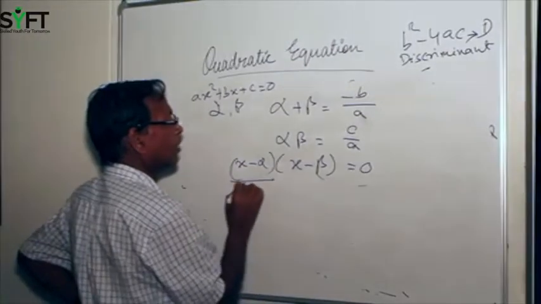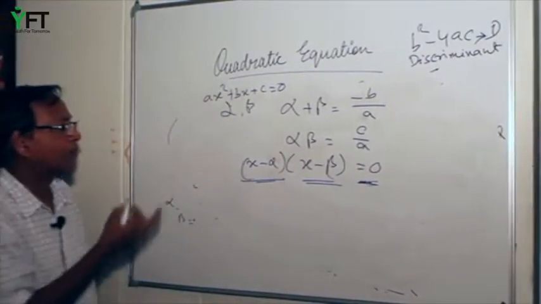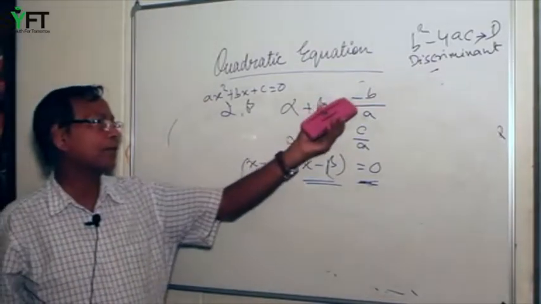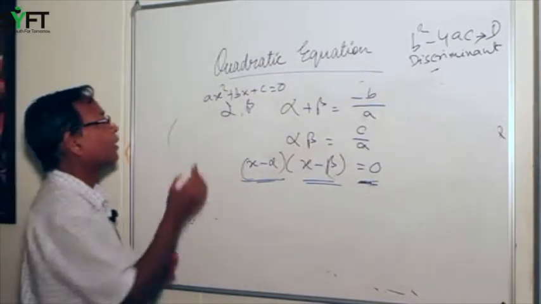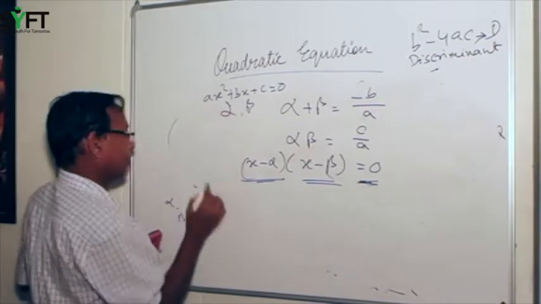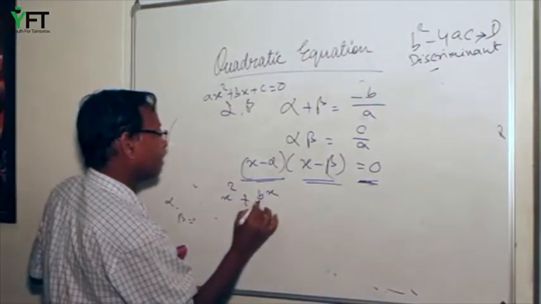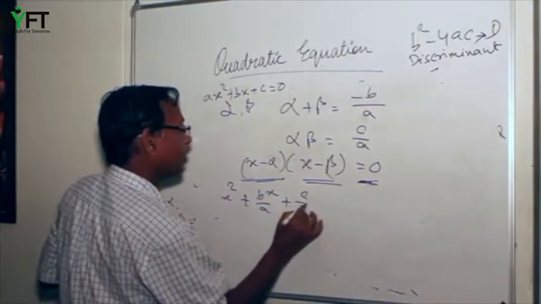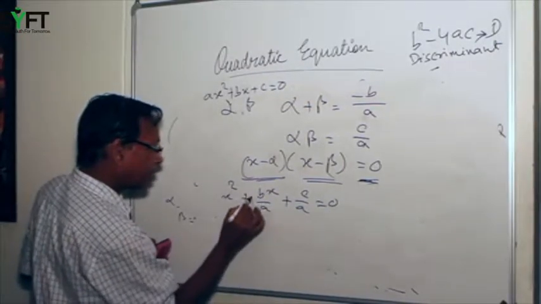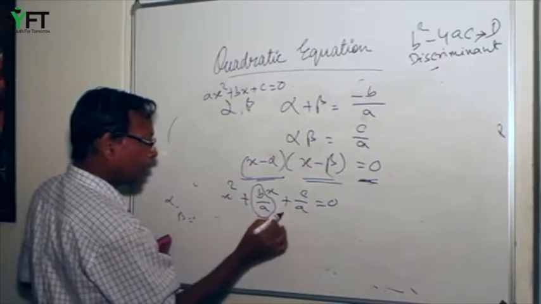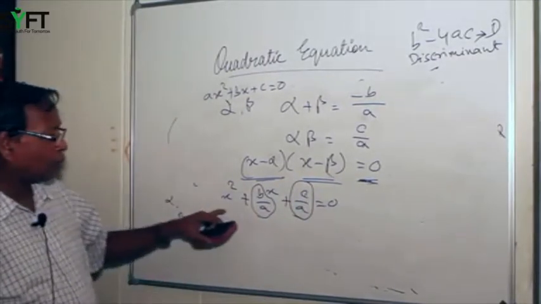The sum of roots alpha plus beta is equal to minus b by a and the product of roots alpha beta is equal to c by a. If we divide by a, we get x square plus bx by a plus c by a equal to 0, where alpha plus beta is minus b by a and c by a is alpha into beta. So this is one quadratic equation.